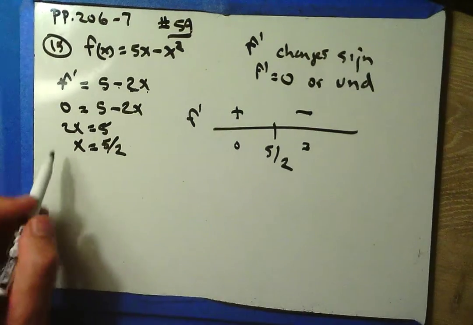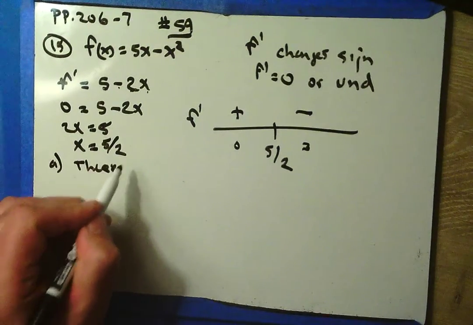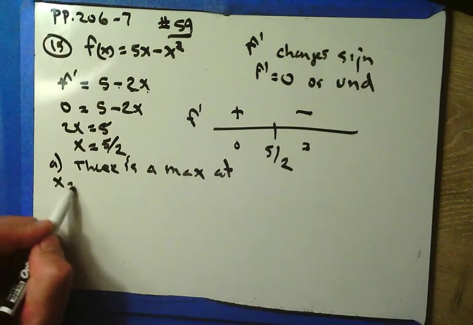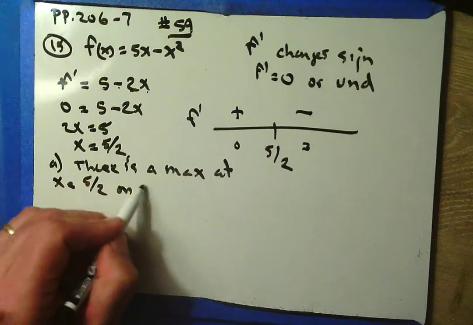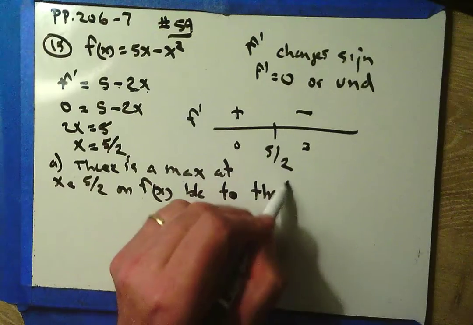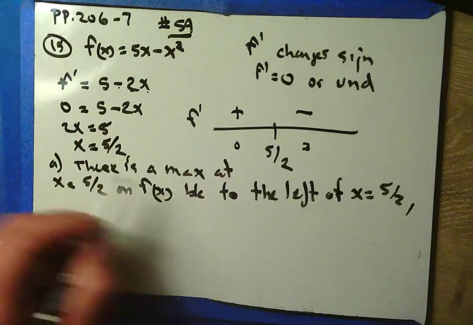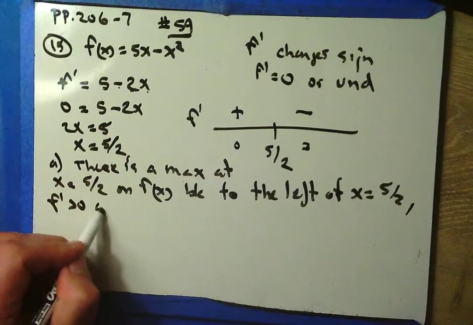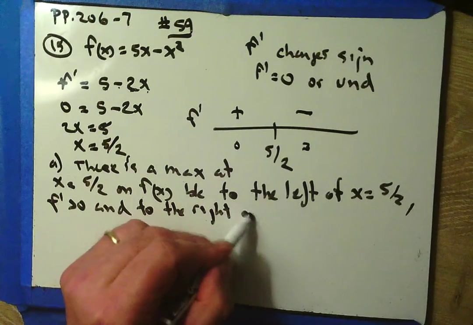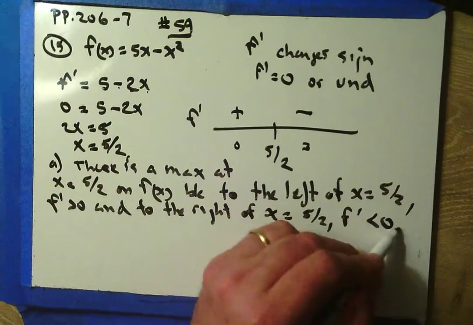So I see, part A, there is a max at x equals 5 halves on f of x, because to the left of x equals 5 halves, f prime is greater than 0, and to the right of x equals 5 halves, f prime is less than 0.